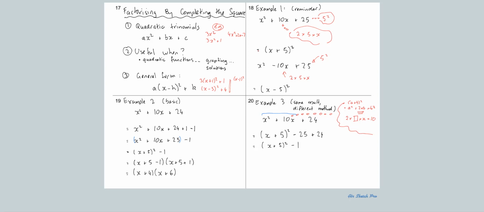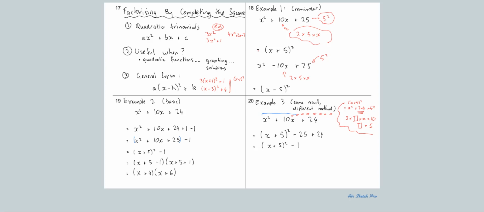So the what is going to have to be 5. And I effectively do that by dividing 10 by 2. And it will always be divided by 2 because that's how the perfect square expansion works. So you're always taking the coefficient of the middle term, or the x term, and dividing it by 2 to get your b term.